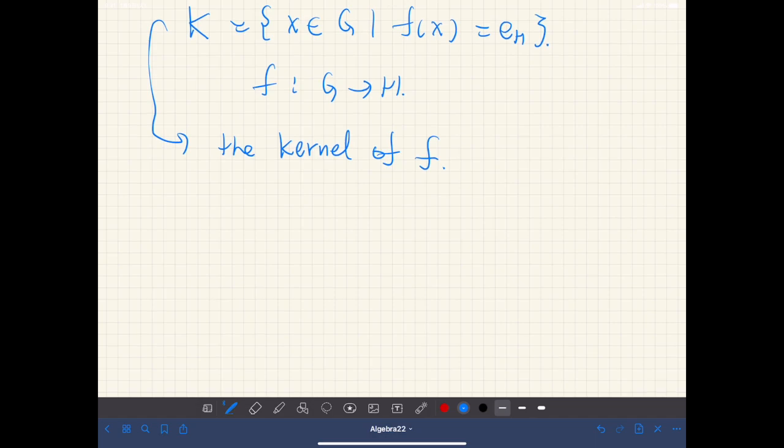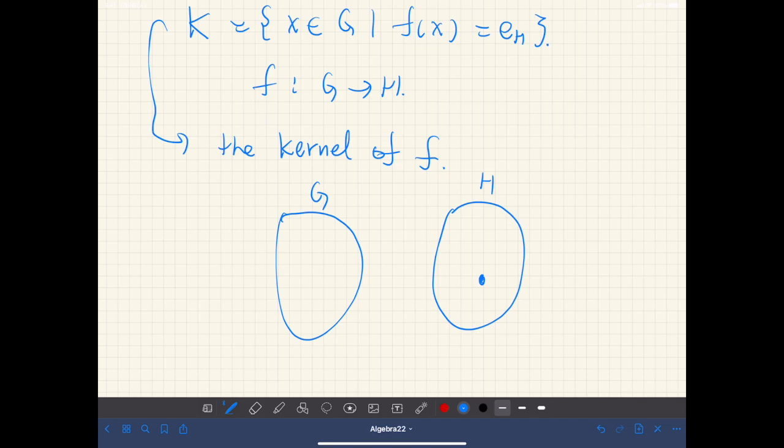Visually, we have G and we have H. There is one special element called E_H that is the identity element.